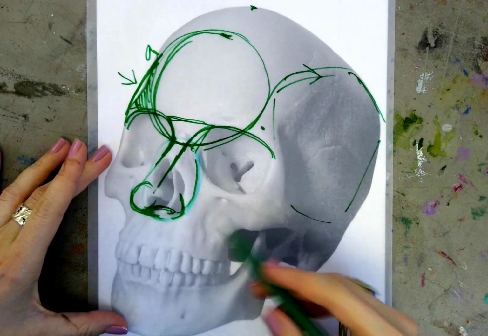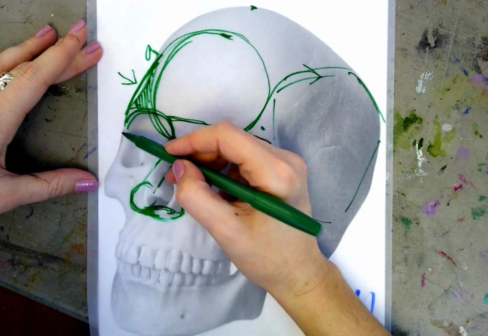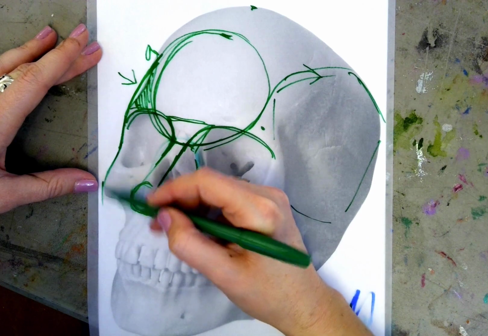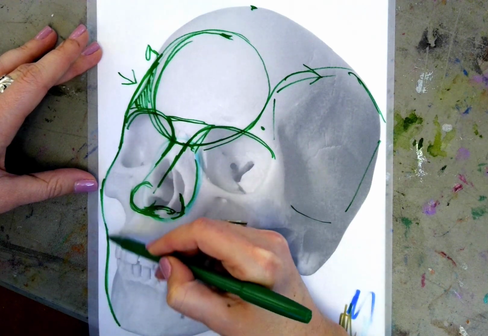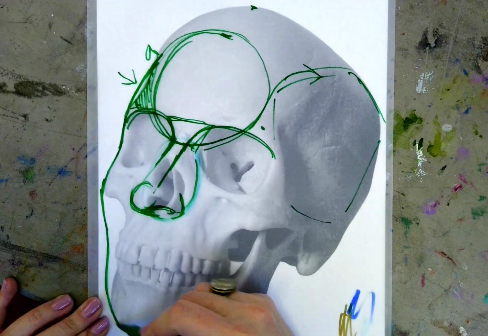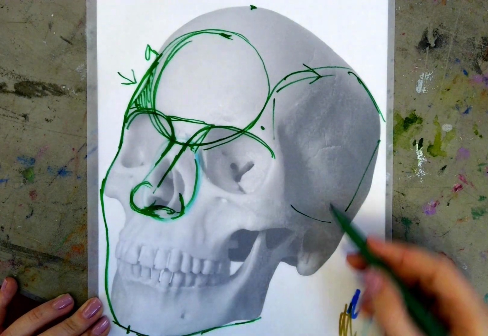Now I'm going to do the lips. I'm just going to draw the side of the face, though, for you guys. Zygomatic arch. This whole area fills with muscles and skin. There's usually little muscles in here happening.